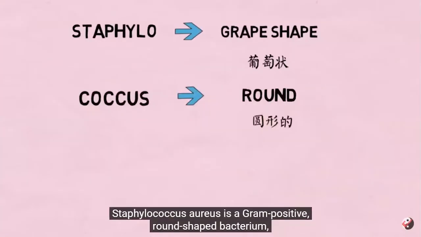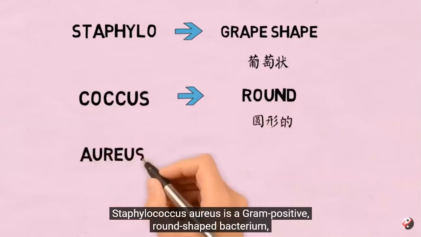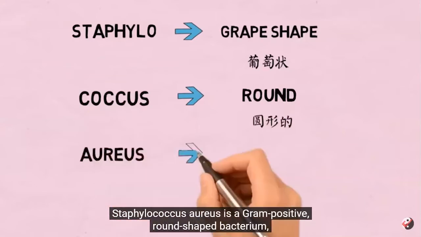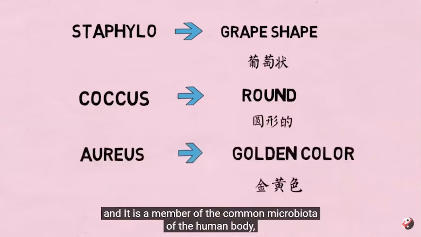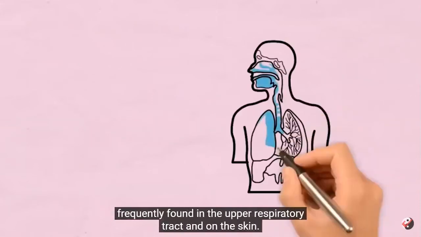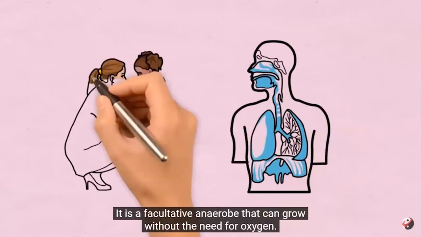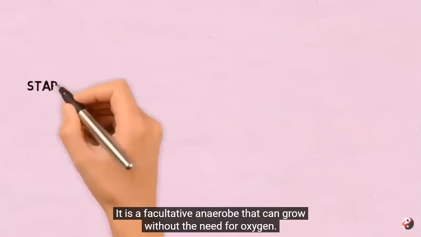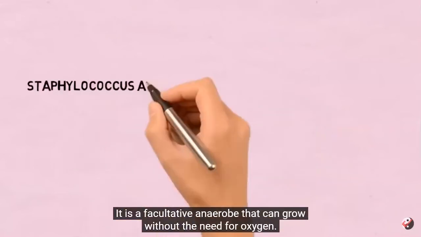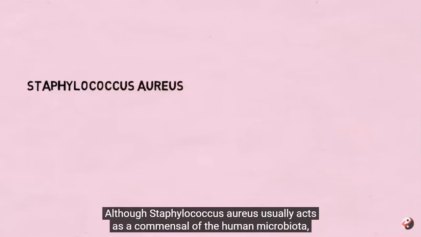Staphylococcus aureus. Staphylo means grape shape. Coccus means round. Aureus means golden color. Staphylococcus aureus is a gram-positive, round-shaped bacterium, and it is a member of the common microbiota of the human body. Frequently found in the upper respiratory tract and on the skin.